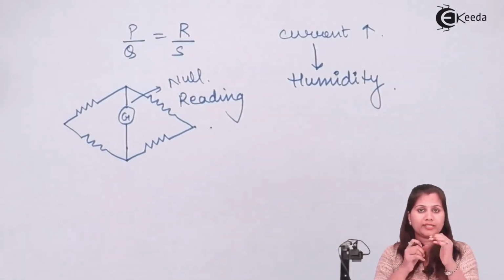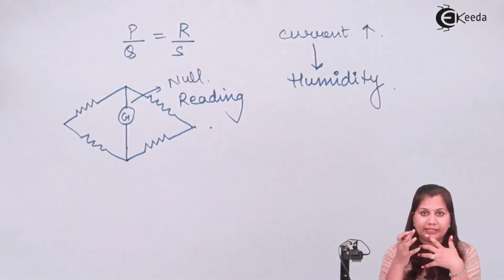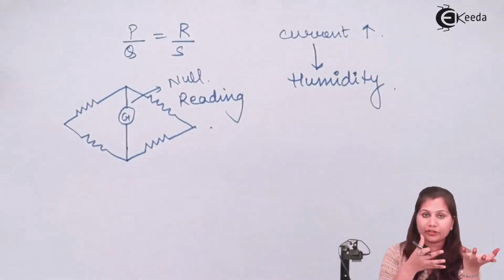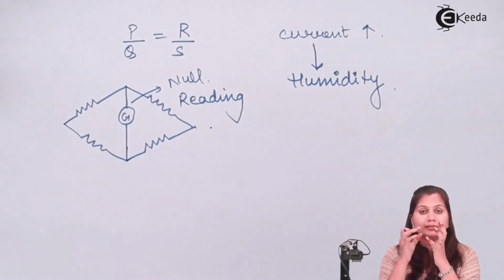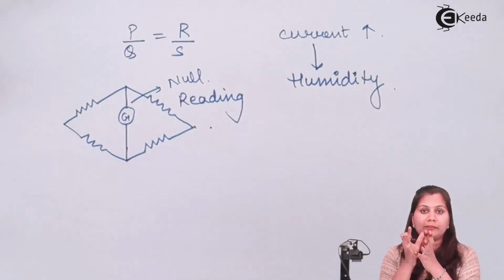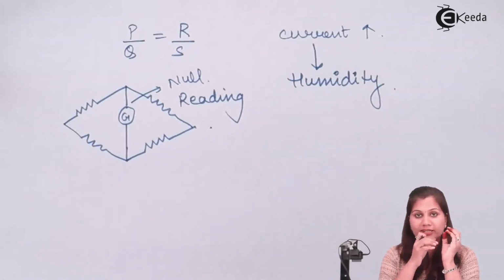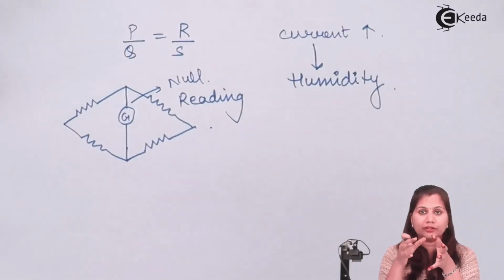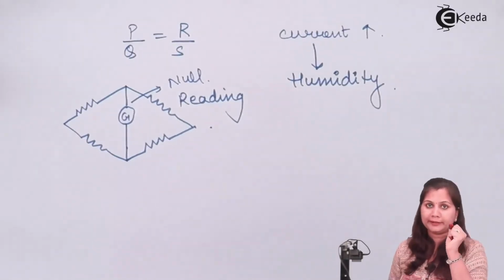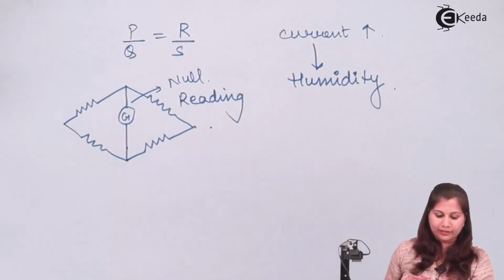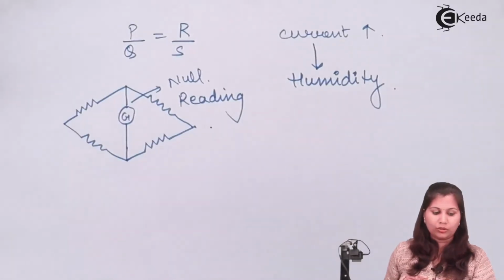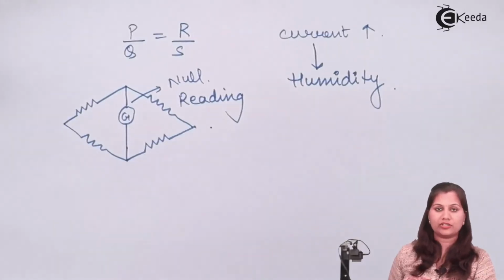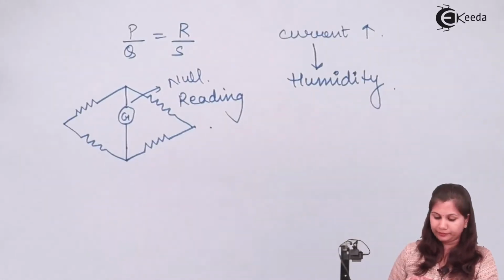Because we are using an indirect method, a non-electrical quantity is converted into an electrical quantity, and changes in humidity are measured by measuring the changes in the resistance, current or voltage. So it is an indirect method of measurement of humidity, and this is the resistive method. These are the resistive hygrometers where resistance changes are measured.